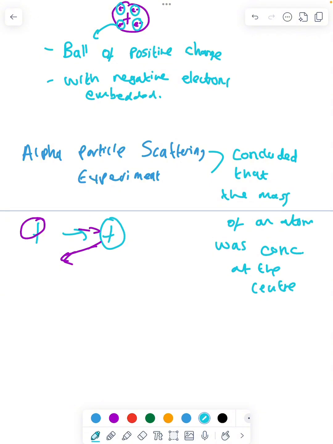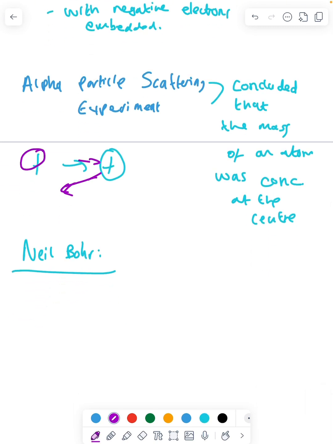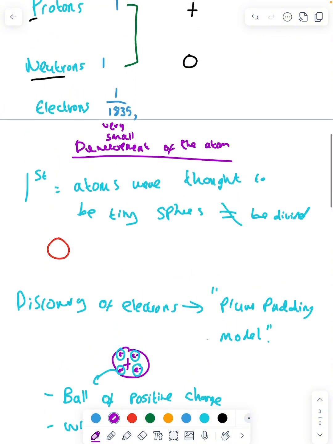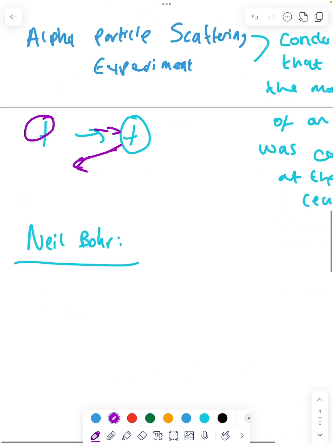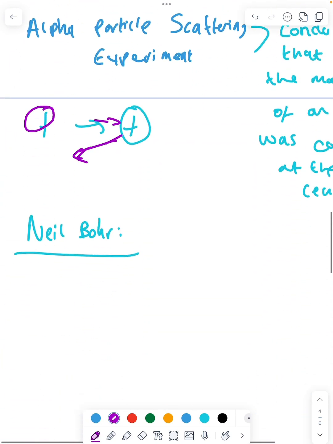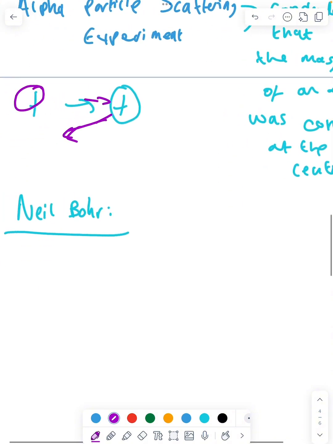Next came the Bohr model. So Neil Bohr, what he added to this, again we're slowly getting closer to the modern atom. We got this circle, now there's a positive there. Now we're like, okay, there's a nucleus in the middle instead of the whole thing being positive. We figured that there were electrons with the plum pudding, but Neil Bohr added to this.